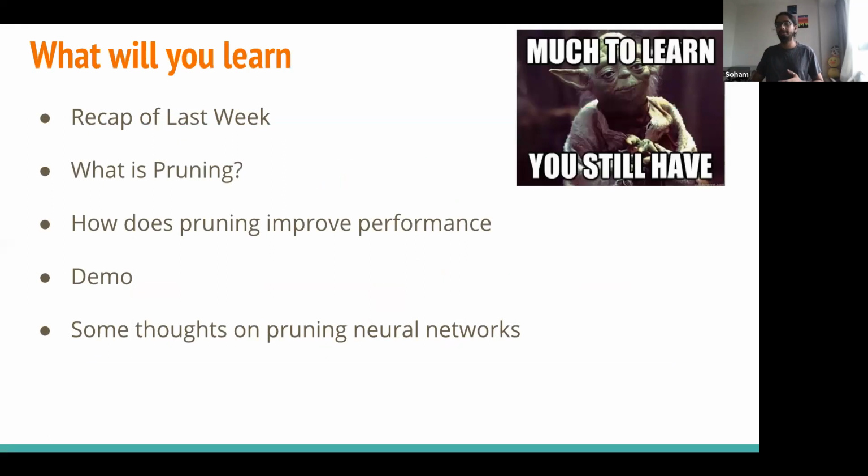But first, let's see what we'll learn today. I'll start with a recap of what we've learned previously. Then I'll explain what pruning is and how pruning actually helps us improve performance. We'll also see a demo of how you can use TensorFlow's model optimization toolkit to prune a simple model, and see how pruning affects the performance of the model and how it reduces the size of the model as well.